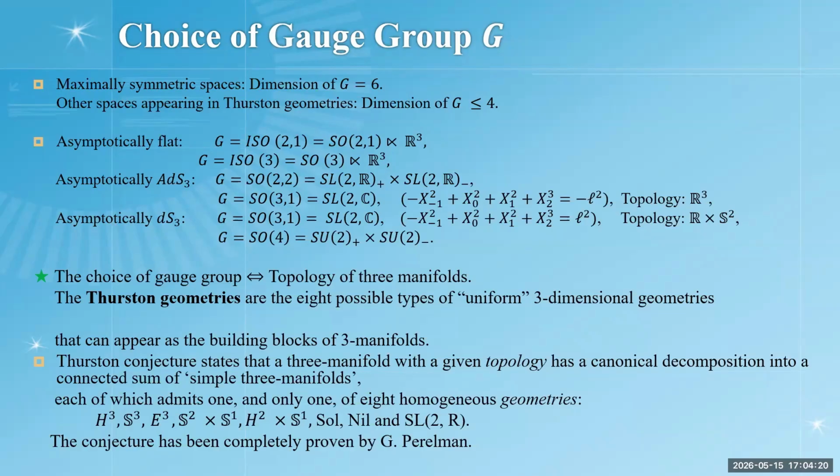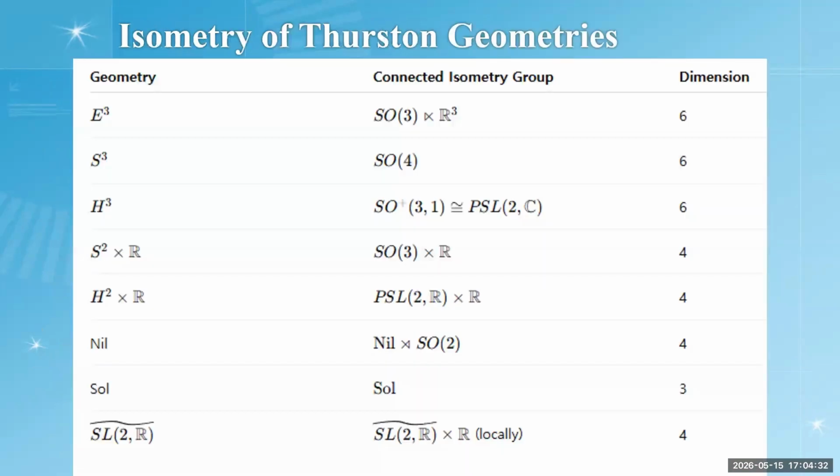And then this space, for example, this is a product space, then the rank is smaller. So for example, let me show the result first. So E3, S3, H3, that is the maximally symmetric space. Then the corresponding gauge group has dimension 6. But this is the product space.